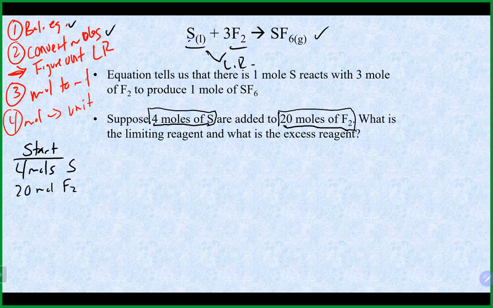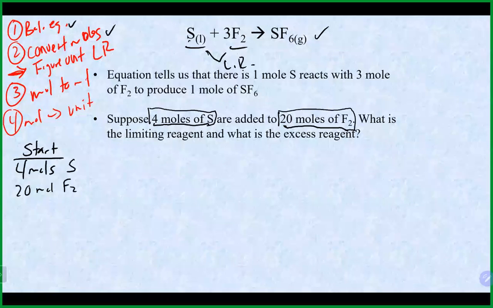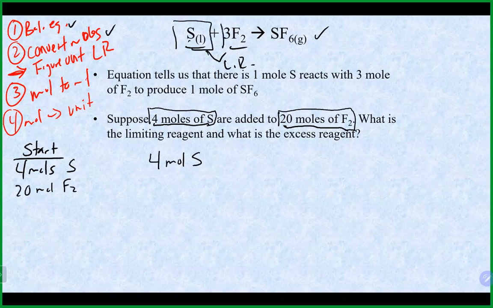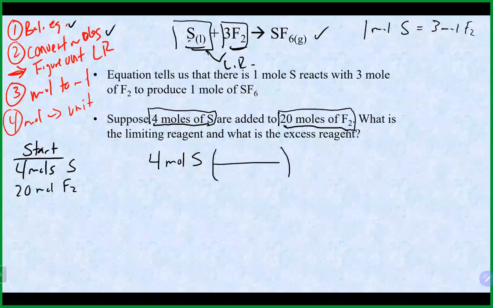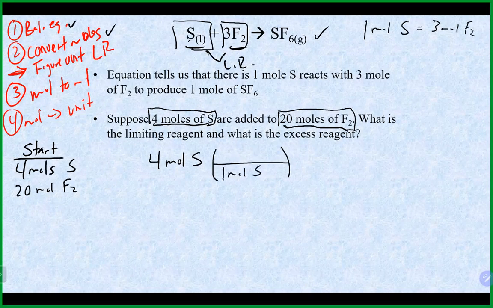So this is the calculation to figure out which one is the limiting reagent. So I'm going to take my 4 moles of sulfur, which is what I'm starting with. And from the equation, I can see for every 1 mole of sulfur, I get 3 moles of F2. So I'm going to do this little calculation here. And that's going to be 1 mole of sulfur, 3 moles of F2.